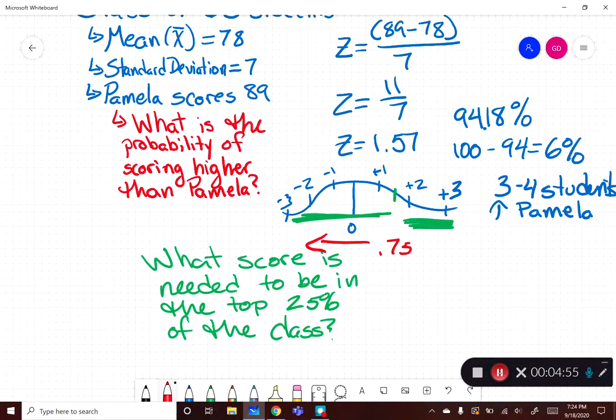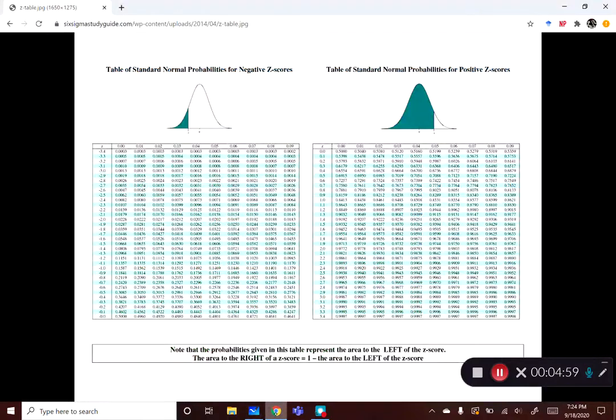So if we look up on the z table, we're going to find the value as close as we can to 0.75. So if we get it here to 0.7, let's see. If we come over here, there we go.